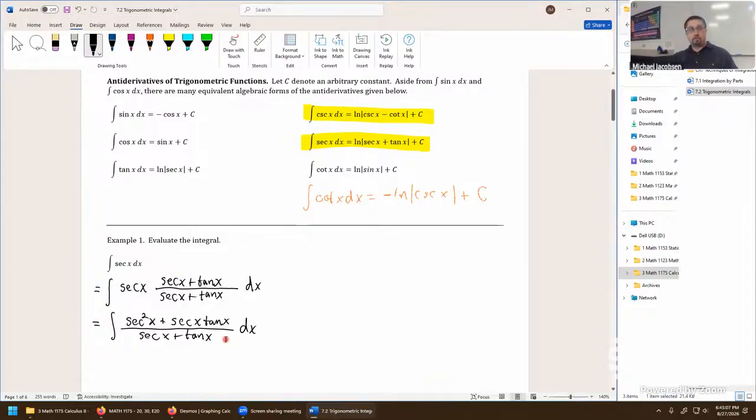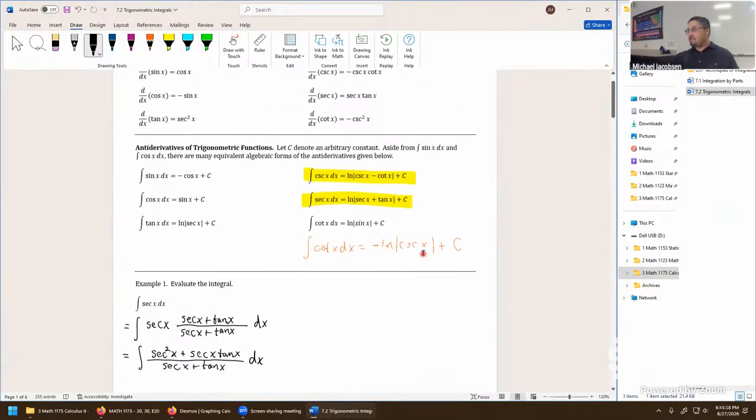It looks completely inappropriate to make something that complicated, but for the sake of integration, that's its simplest format in u substitution. Now, when you look at that, it pays to look at the table above. Notice that secant x tangent x is right there. You could take the antiderivative of that thing and get secant x if you're only focusing on that one piece.